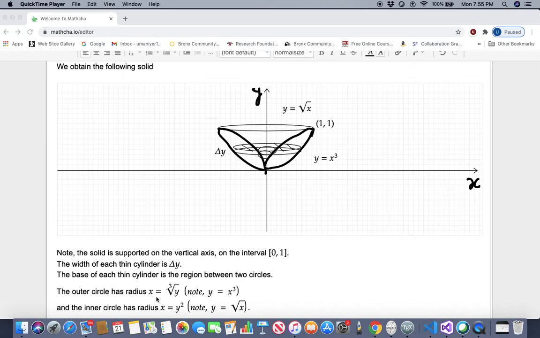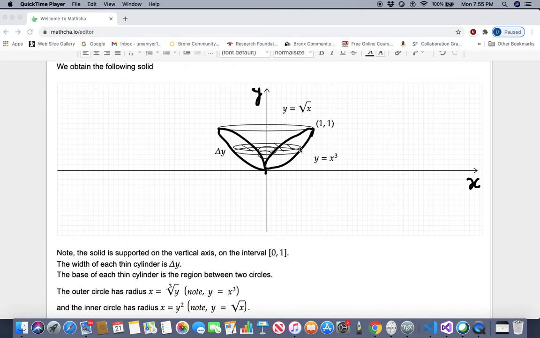The outer circle has radius, well, let's look for the radius. Now, outer circle is this horizontal distance. That horizontal distance is what we call x coordinate. This curve, y is x cubed, so x coordinate is cube root of y.